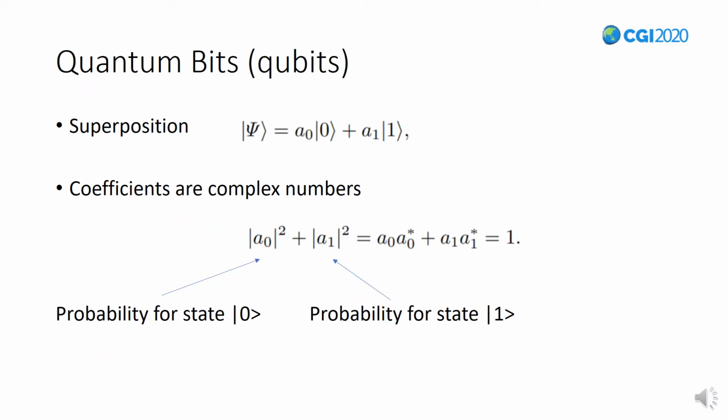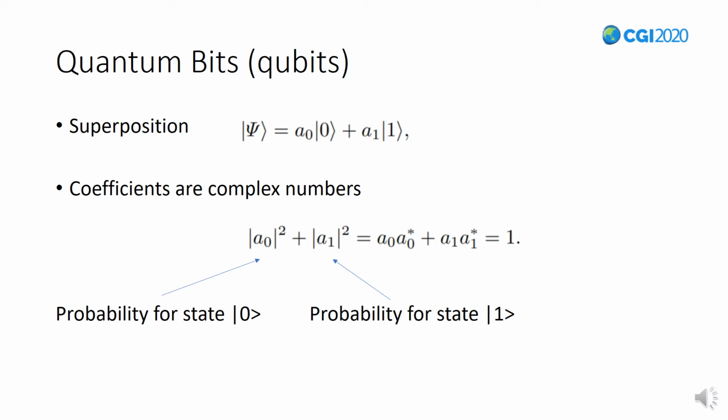Classical bits have either the value of 0 or 1, but the difference to quantum bits is that these kinds of bits can have all the values between 0 and 1 also. This is called superposition, and the state of a quantum bit can be described as the sum A0 times state 0 plus A1 times state 1.